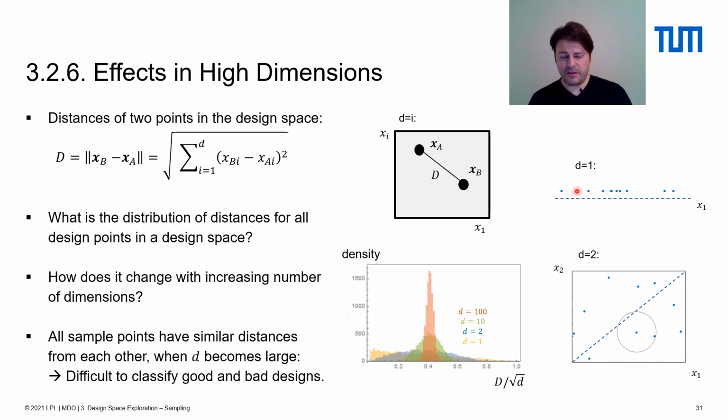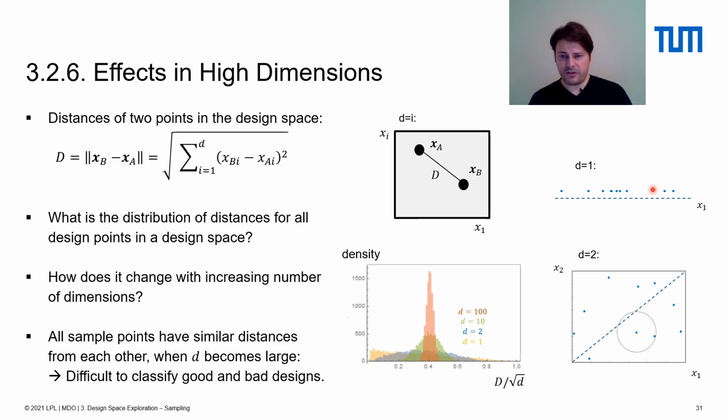To imagine this, you can look at this one-dimensional design space shown here with a random collection of design points. And here you get an idea that small distances are more frequent than, for example, large distances. So the largest distance here, for example, would be very rare because you would only encounter this when you look at the pair of points at the beginning and the end of the interval.